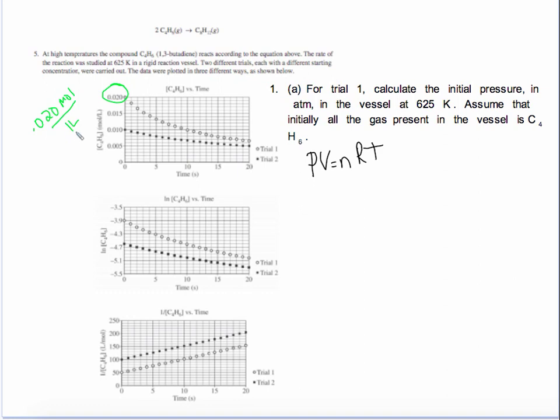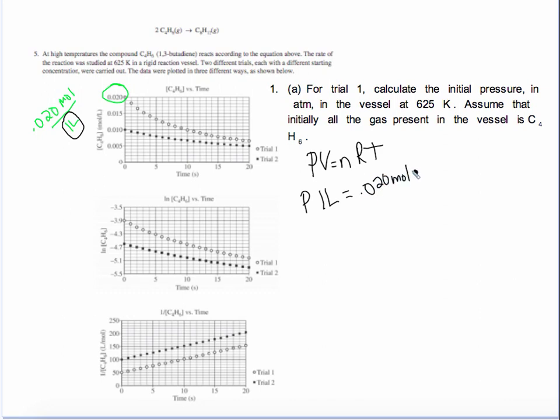Well, you can get the V from the molarity because it doesn't come right out and tell you what the volume is, but because you know the molarity, we'll just say that there's 1 liter. So we know that the volume is 1 liter equals n. Okay, well, we know the moles that are in that 1 liter, 0.020 moles.